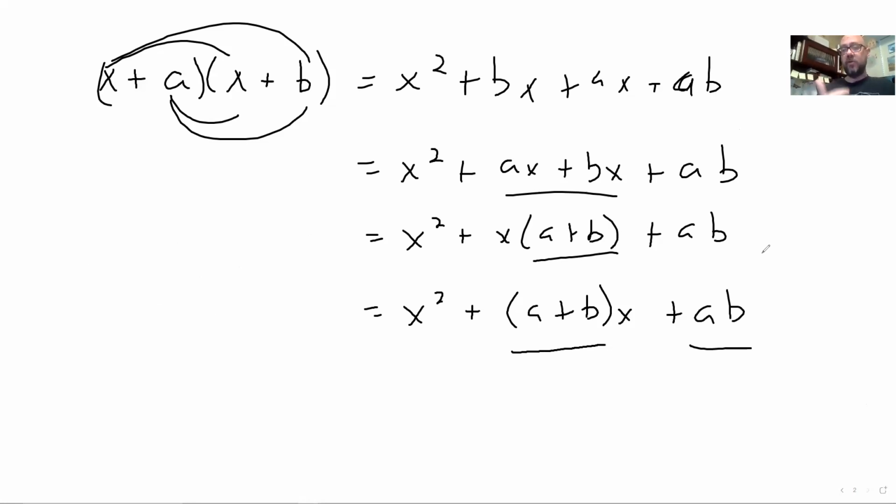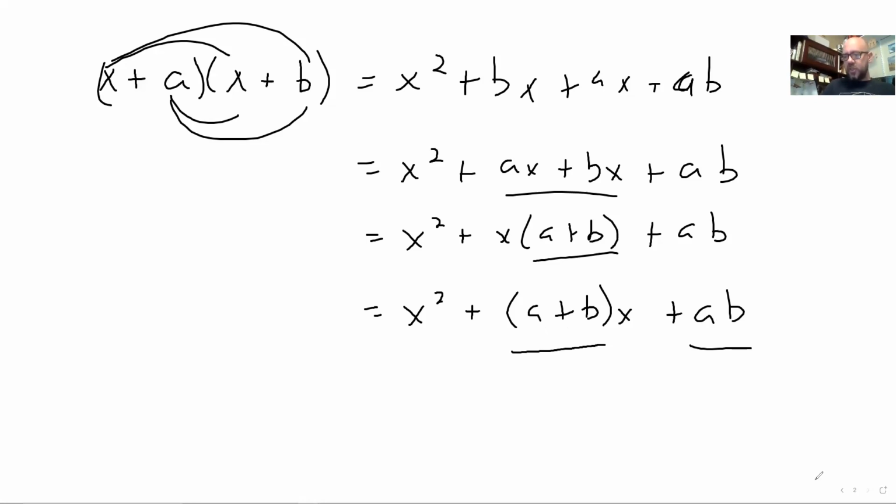That's why I'm looking for numbers that multiply to be the constant and add up to be the coefficient of the middle term. Because in the most general case, when I multiply this out, the coefficient of the middle term is the sum of the two numbers I'm looking for, and the constant term is the product of those two.